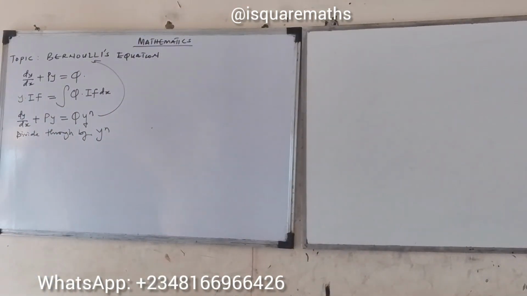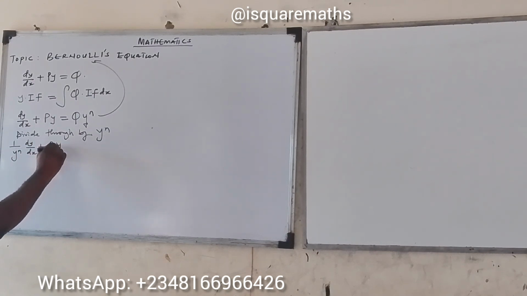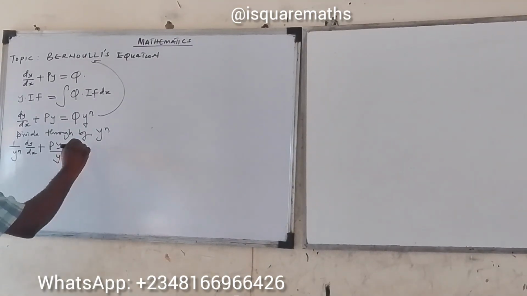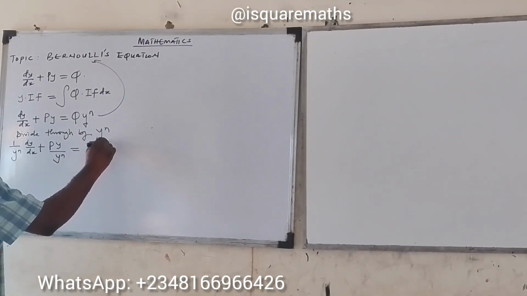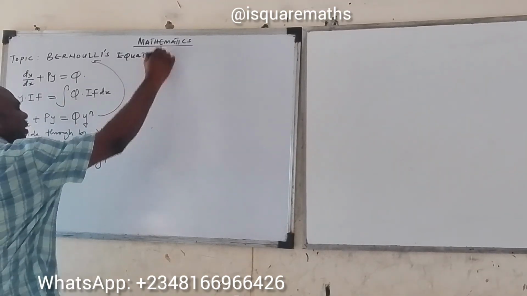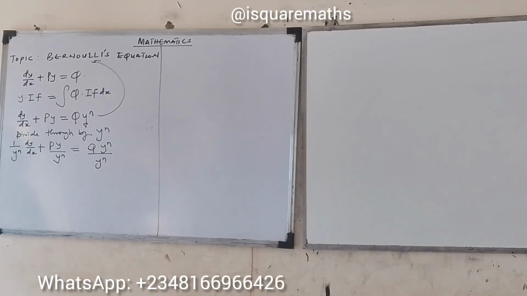So here we have 1 over y^n times dy/dx, plus py over y^n, will be equal to q y^n over y^n.